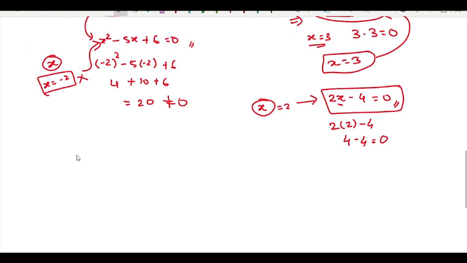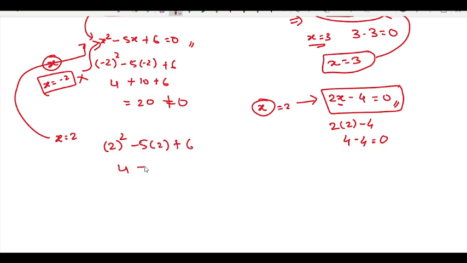So what are the roots of this quadratic equation? Suppose I put x is equal to 2 in the above quadratic equation. We will get 2 square minus 5 into 2 plus 6. 2 square is 4, minus 5 into 2 is 10, plus 6. 6 plus 4 is 10, minus 10 is 0. So for x is equal to 2, we are getting the value of this expression as 0.